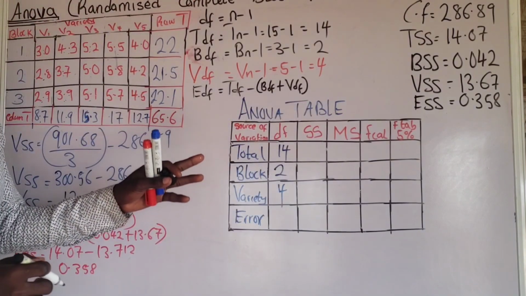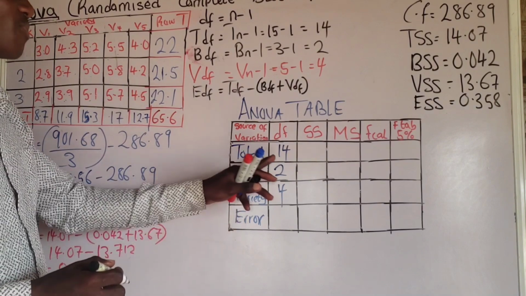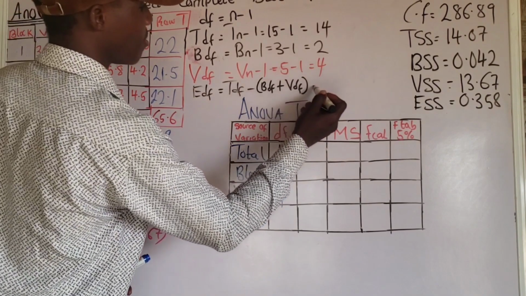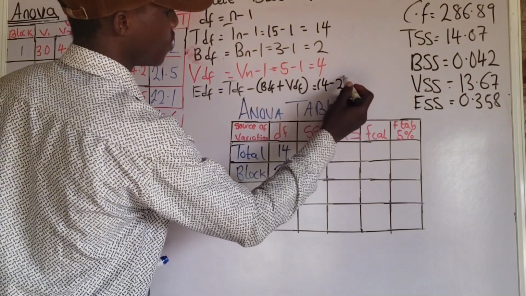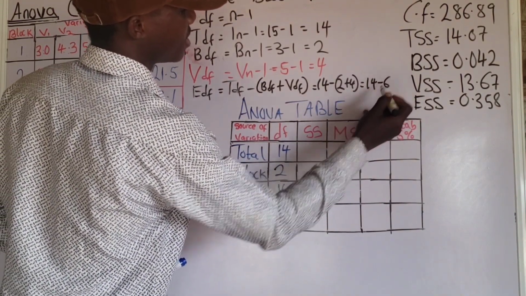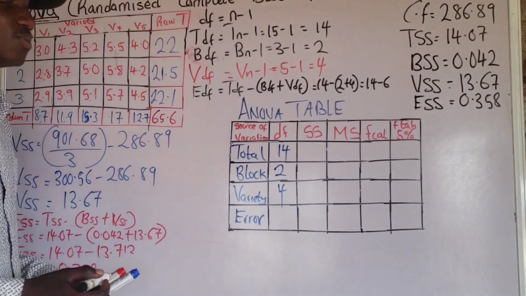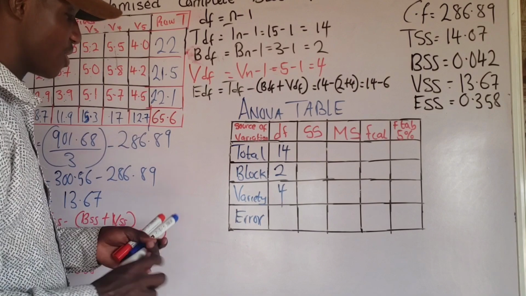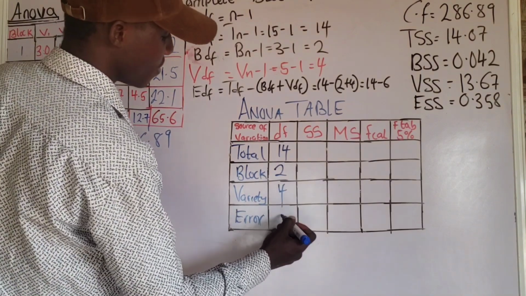So I'm going to have 14 minus (2 plus 4). That is 14 minus 6, which gives us 8. So the error degree of freedom is 8.